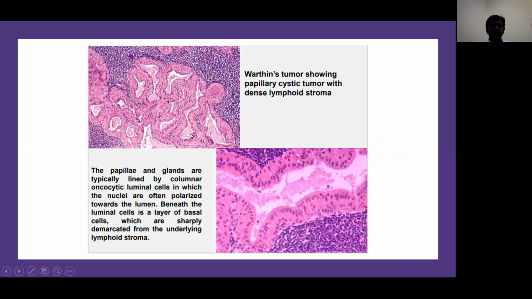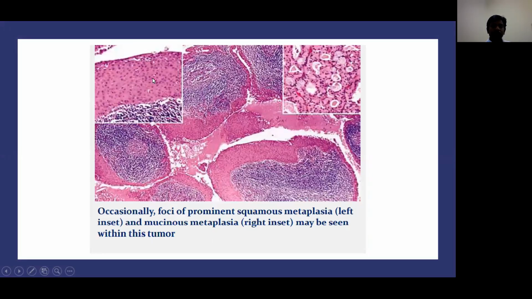This is the histology where you can make out these oncocytic cells forming the cyst lining. Inside the cyst, you have eosinophilic debris, and the stroma has a lymphocytic infiltrate. Again, you may have squamous metaplasia focally.